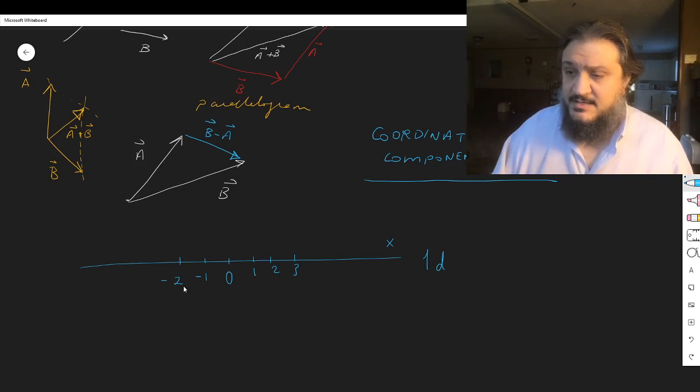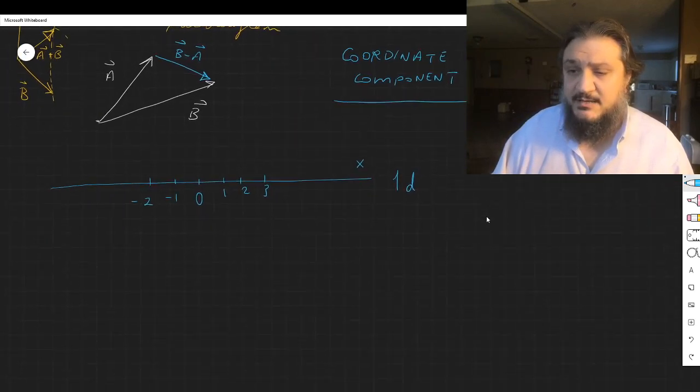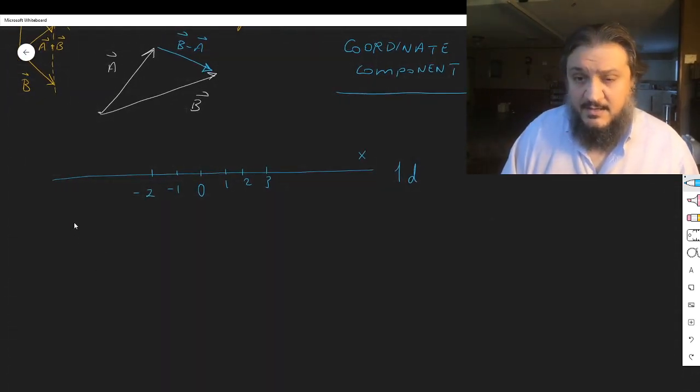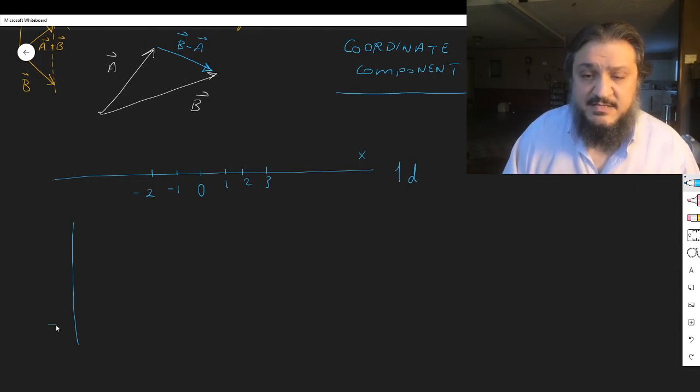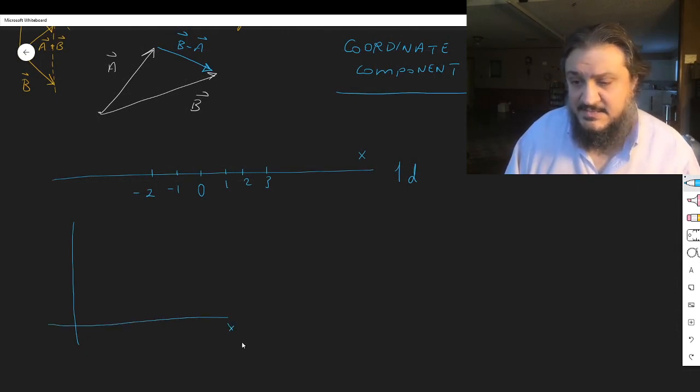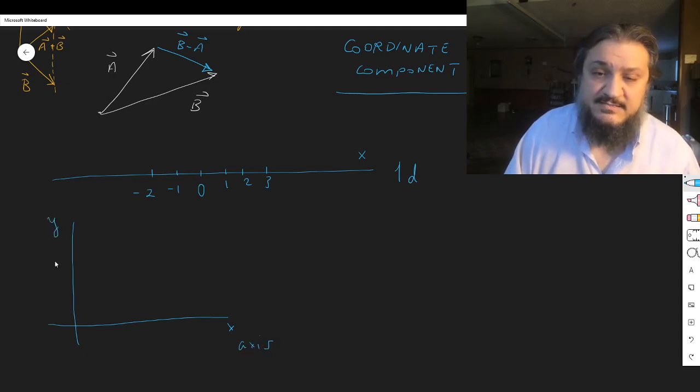So if I use 2D, I just need 2 lines, which I call the axes. The X axis and the Y axis.